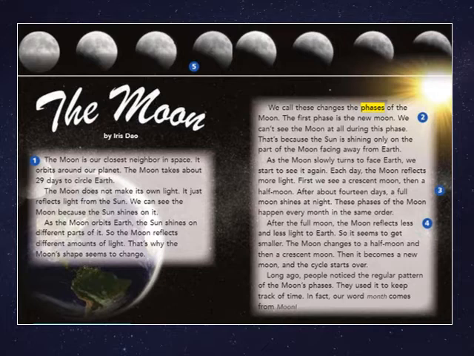I wonder, what happens on the 14th day of the moon's phases? Well, 14 is halfway to 28, and the moon takes 28 to 29 days to circle the Earth. So on day 14, we see a half moon, because the moon is halfway through its cycle.